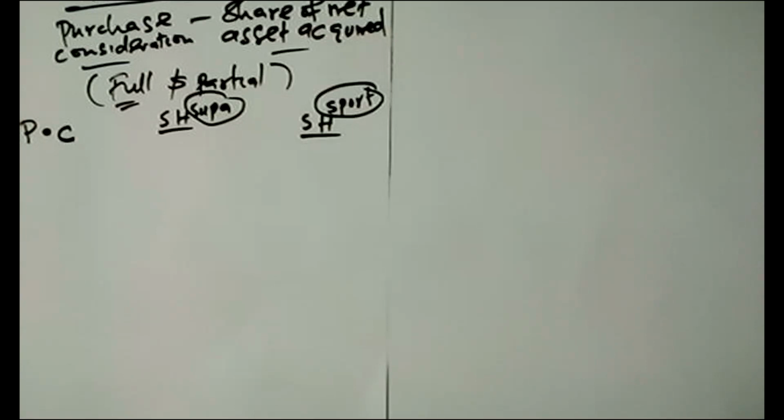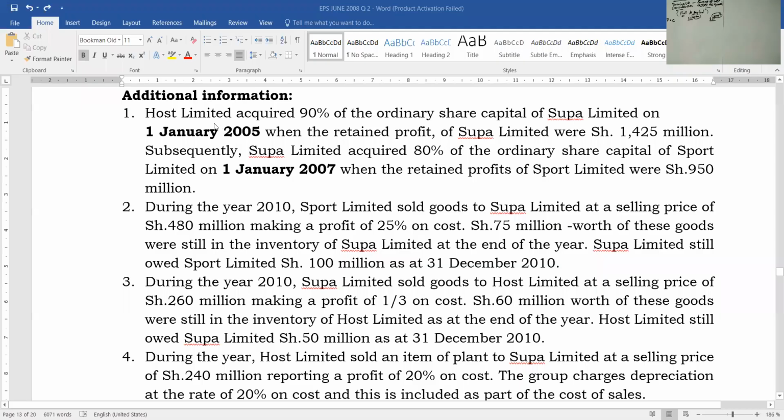You were told Host Limited acquired 90% of the ordinary share capital of Super on 1st January 2005, when the retained profit of Super was 1425. But now, how much did the host invest in Super? In some scenarios, you can be given it in the additional information. You will be told, for example, that host acquired Super, paying this amount.